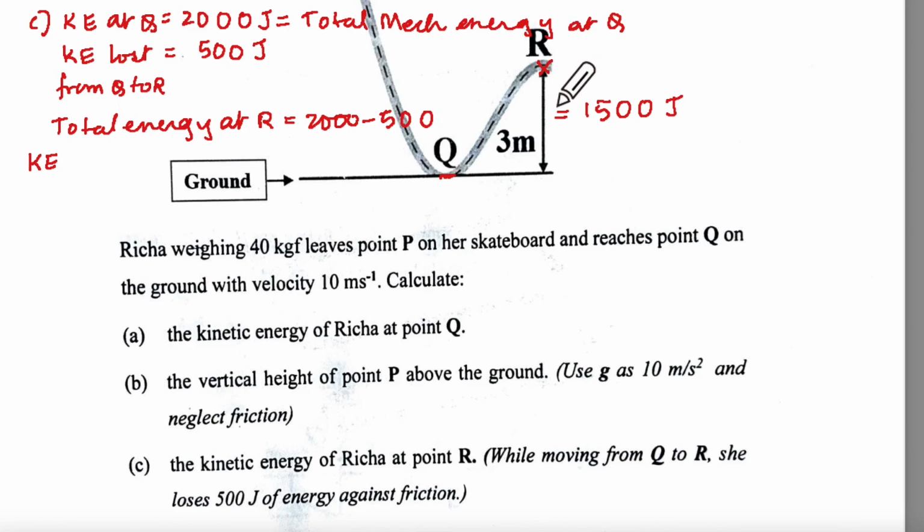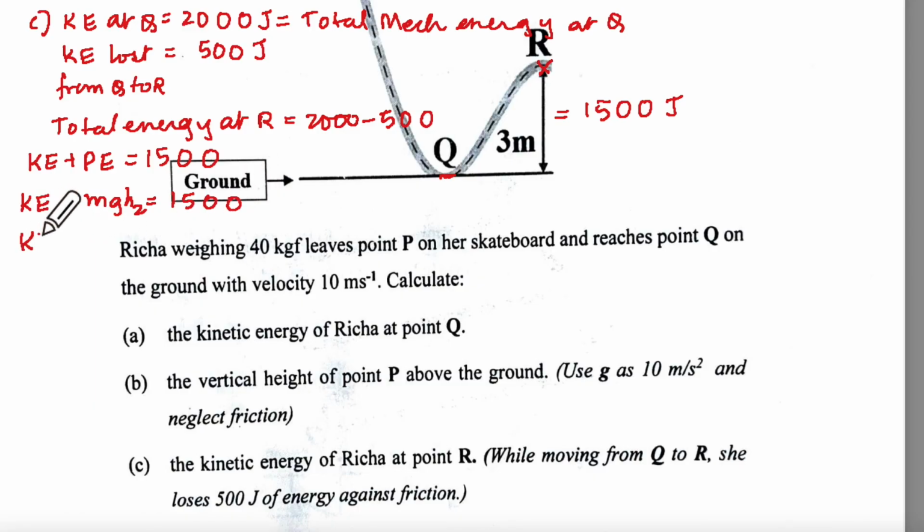The total energy at R will be partially kinetic energy and partially potential energy, and that will be equal to 1500. So kinetic energy plus potential energy, mgh2 let us say, is 1500.